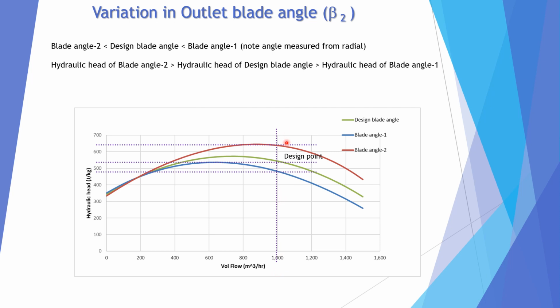You can see here, the hydraulic head of blade angle 2 is greater than the hydraulic head of the design blade angle, which is more than the hydraulic head of blade angle 1, for a particular flow, as per this graph.